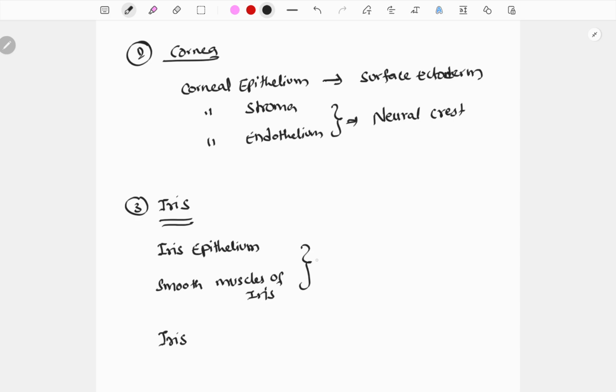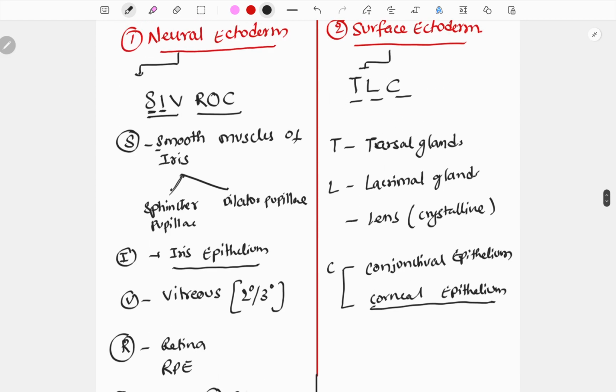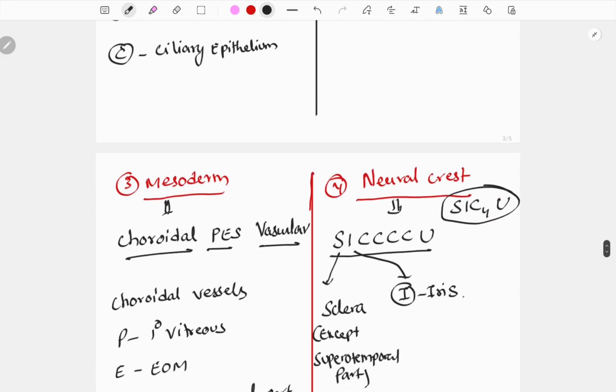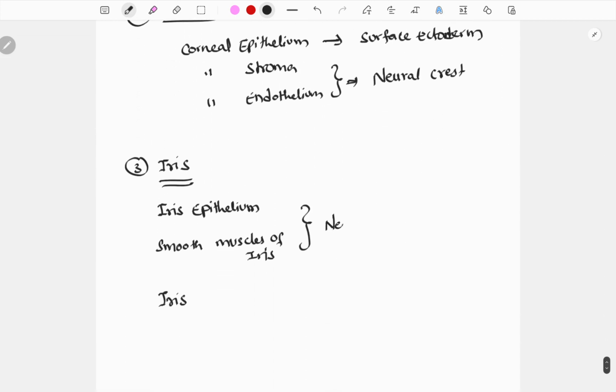Iris epithelium and smooth muscles of iris, first code, this is Chivrox: smooth muscles of iris and iris epithelium are by neural ectoderm, whereas the normal iris is derived by neural crest, SICU, neural crest.